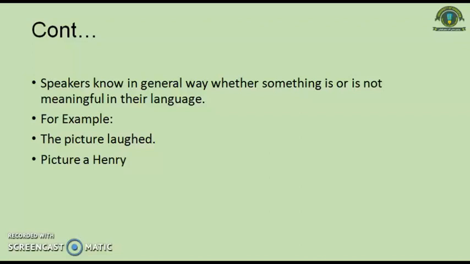This is nonsense, not based on facts. Another example is "the picture ate Henry." Both of these examples are anomalous expressions. So these are the examples of anomaly.